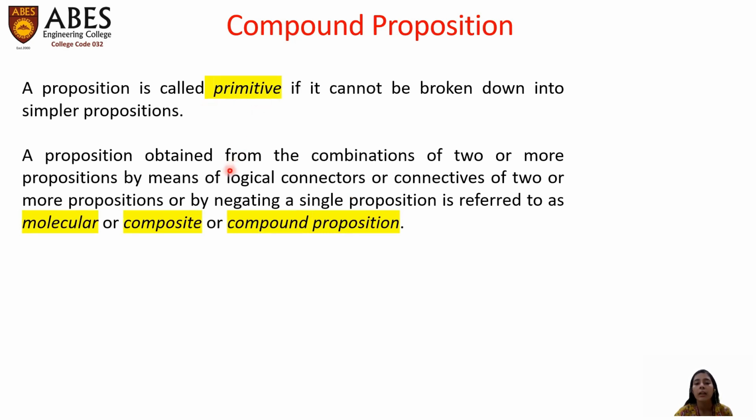But if we can break down a proposition into different propositions, we say that the proposition is composite, or a compound proposition. In other words, if two or more propositions are combined together with the help of logical connectives to form a new proposition, that is also a compound proposition.